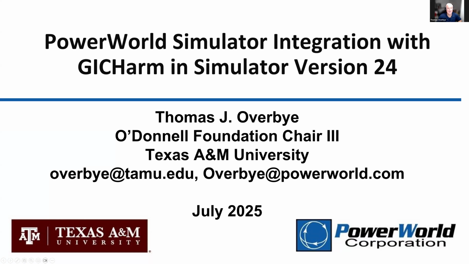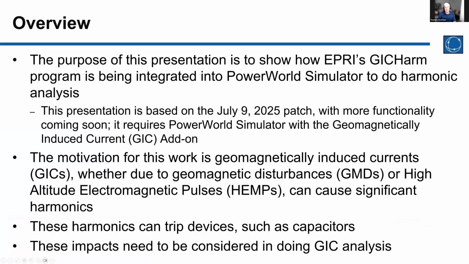Okay, thanks, Scott. The goal of this presentation is to show you, kind of hands-on, not that you'll be doing hands-on, but it's sort of like showing you how to actually use the functionality. Over the last couple of years, PowerWorld has been working on integrating in EPRI's GICHarm program.